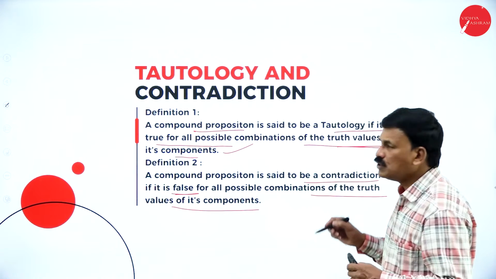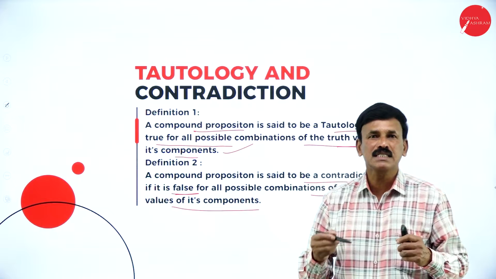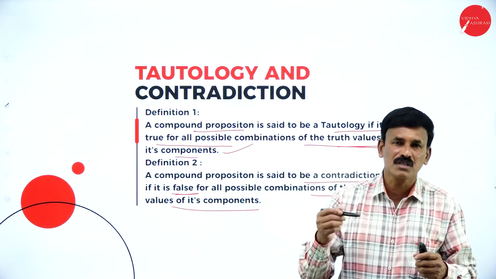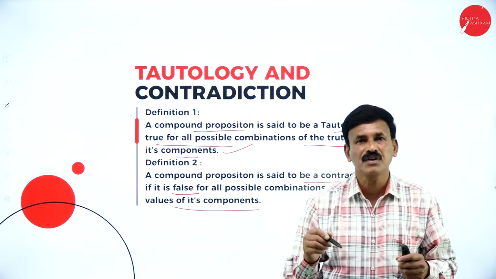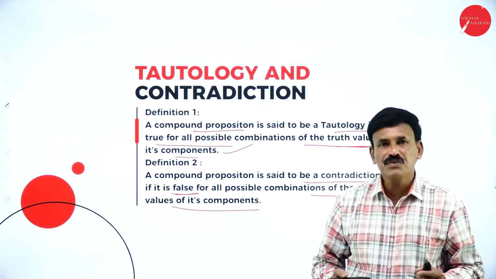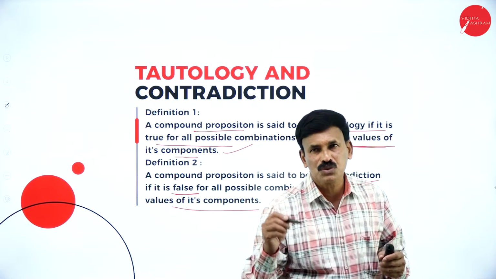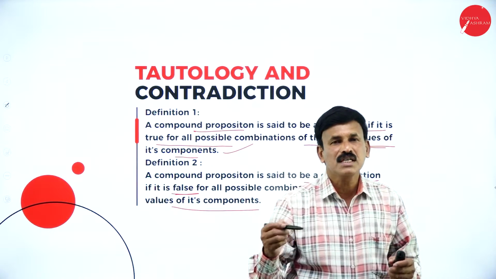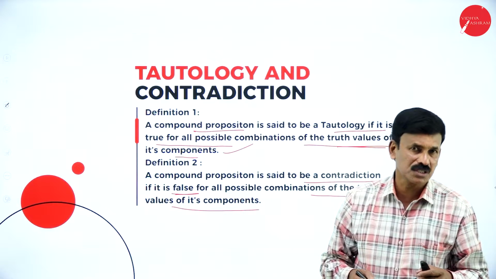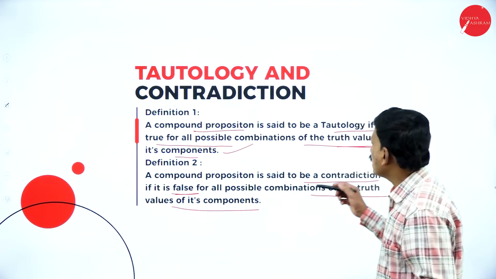If you get all the truth values as T, then it is called a tautology. If you get all F, it is a contradiction. Suppose we get both true and false, then we can say it is neither a tautology nor a contradiction, right? So, here let me explain.